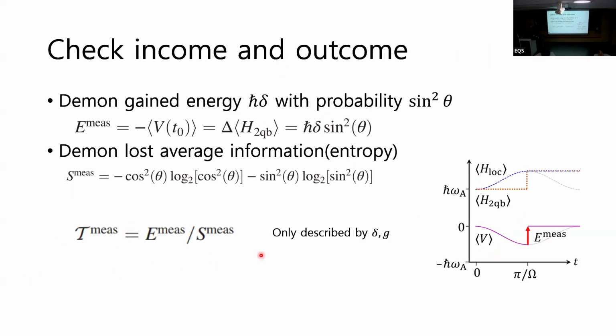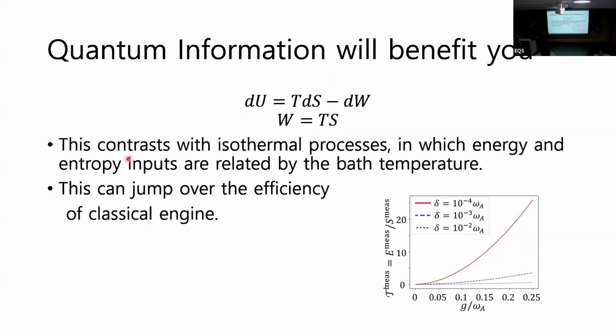There is something wrong here, because this is described only by delta G, which also means the work we extract from the engine. This contrasts with an isothermal process, in which energy and entropy inputs are related by the bath temperature.